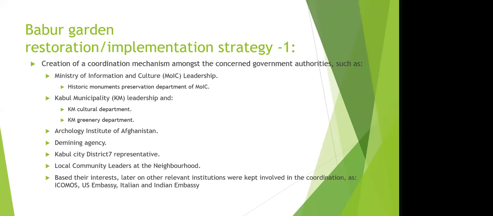Otherwise, they would be a roadblock for our progress. Based on their interest, later on, relevant institutions were kept involved in this coordination, like ICOMOS, a German agency, and the US Embassy, Italian Embassy, Indian Embassy. They showed their interest to be with us in many parts.